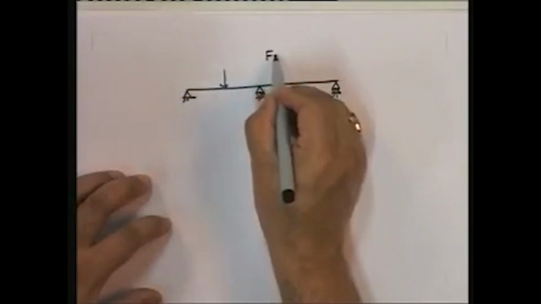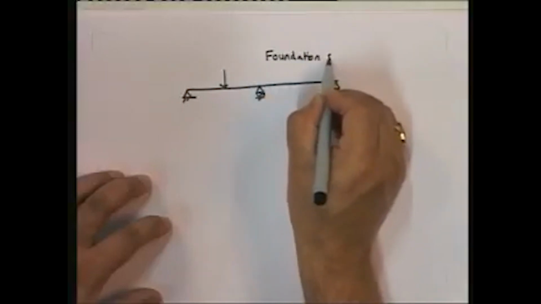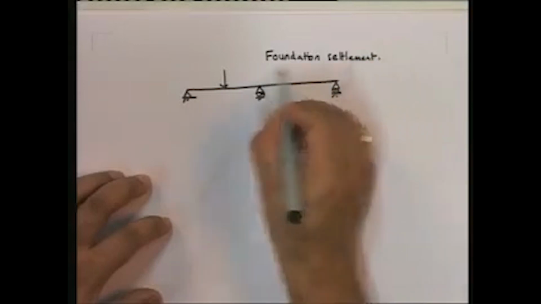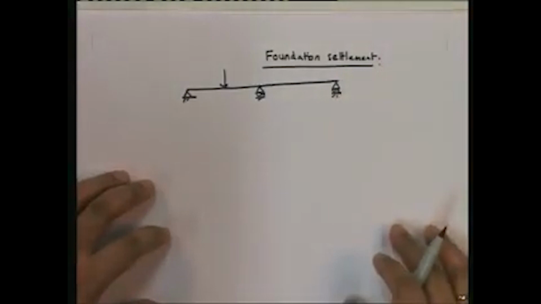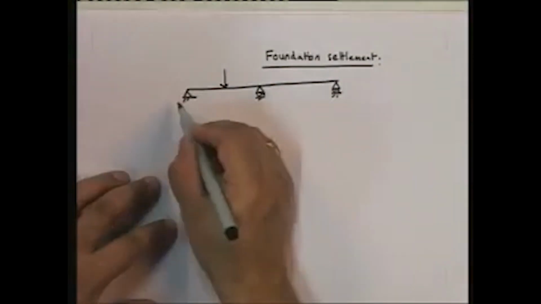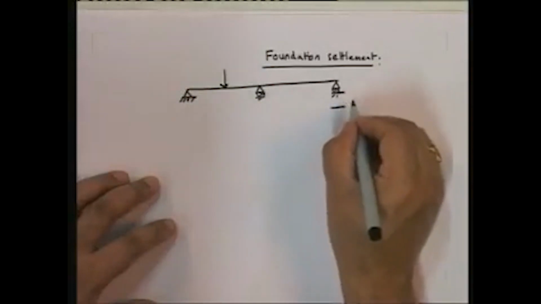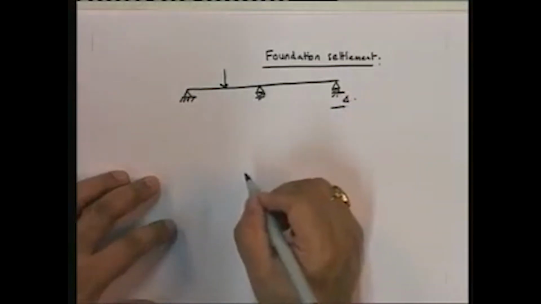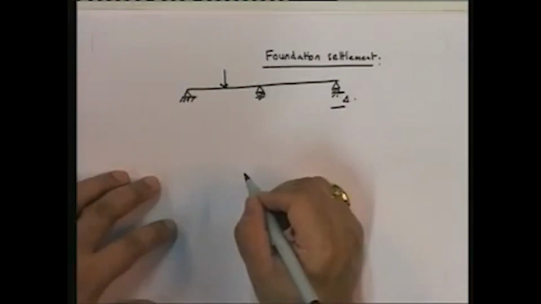So I have looked at foundation flexibility. Now we are looking at foundation settlement. How will foundation settlement come in? Let's say that this foundation settles by a delta value, and we want to know what that effect is going to be.